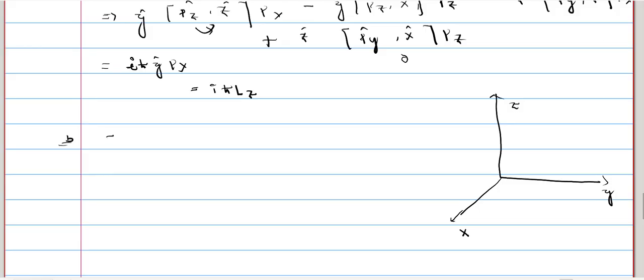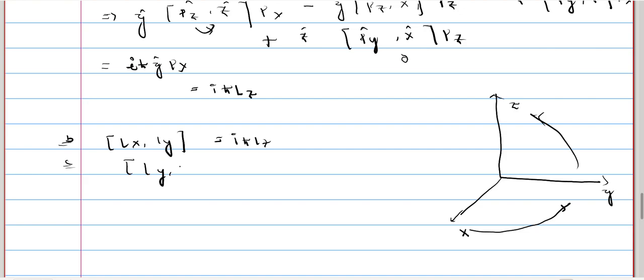It becomes Lx, Ly equals iota h cut Lz. x, y, that is z. y, z, this is x. z, x equals iota h cut Ly.